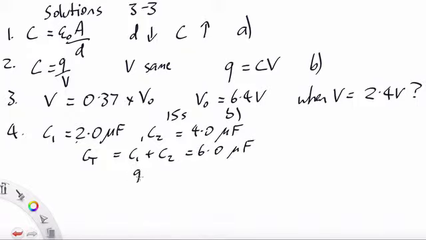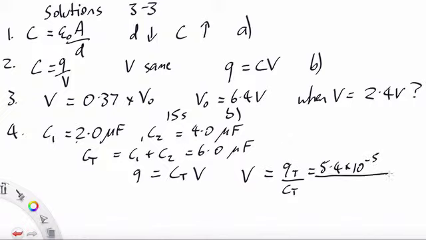Then charge equals the total capacitance times V, so V is the total charge over the total capacitance, which is 5.4 × 10^-5 over 6 × 10^-6, and that equals 9 volts.